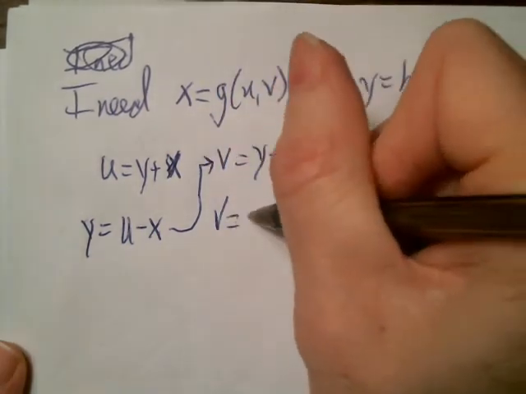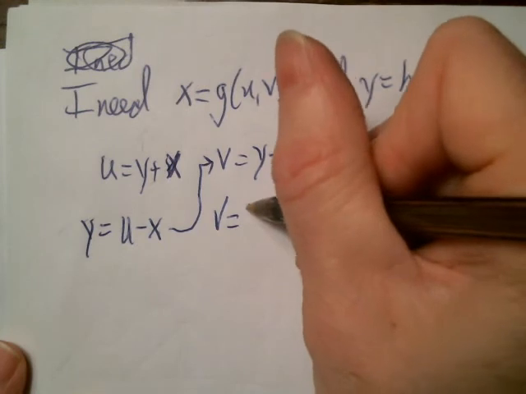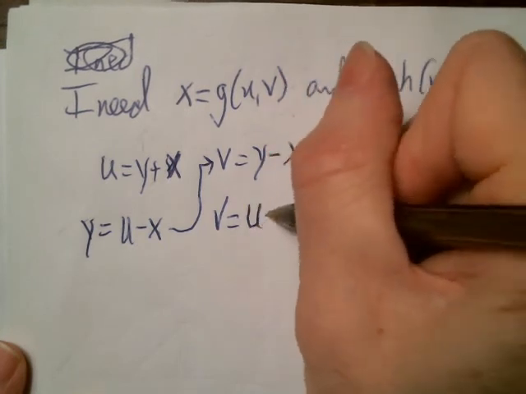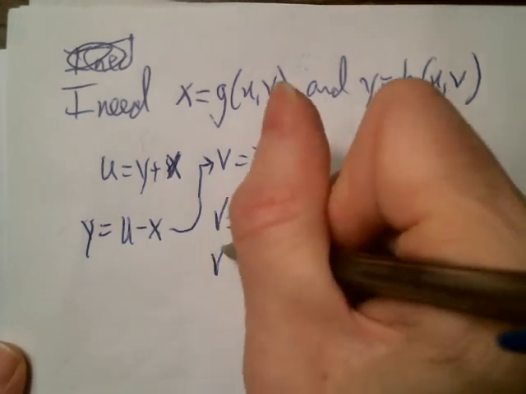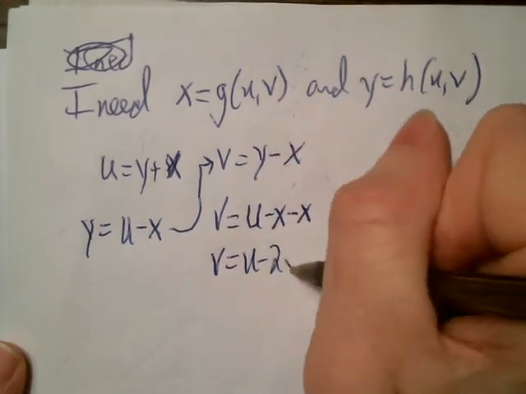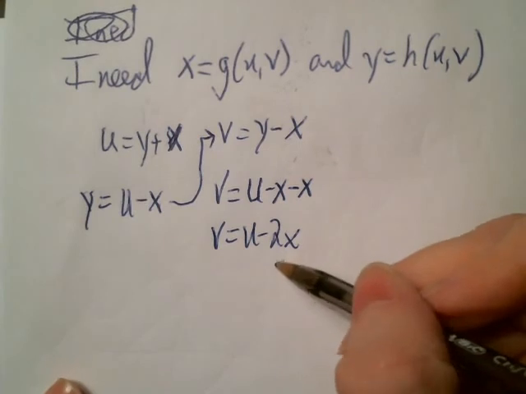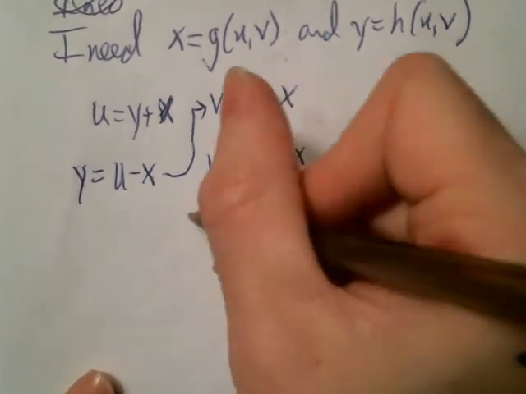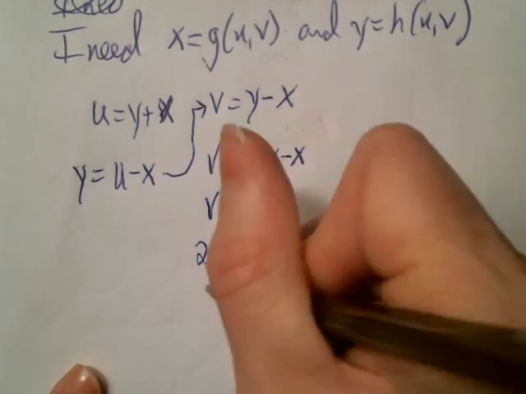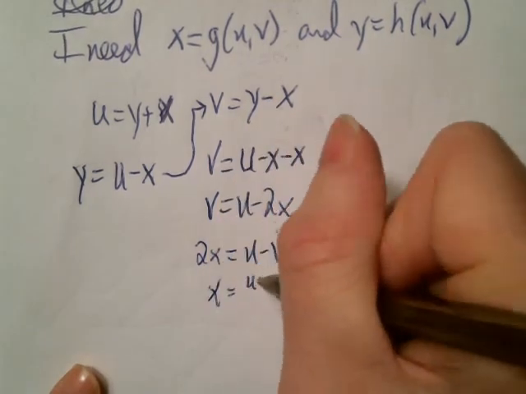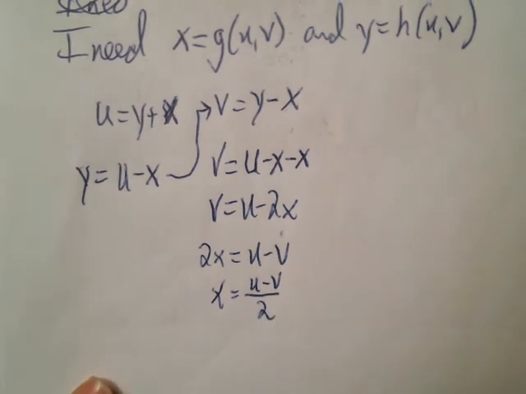So v equals u minus 2x. I'm trying to get a formula for x in terms of u's and v's. So 2x is equal to u minus v, and then x is equal to u minus v all over 2.